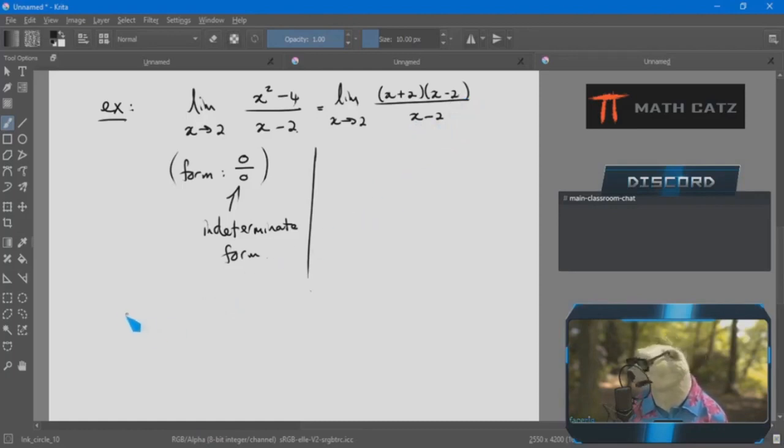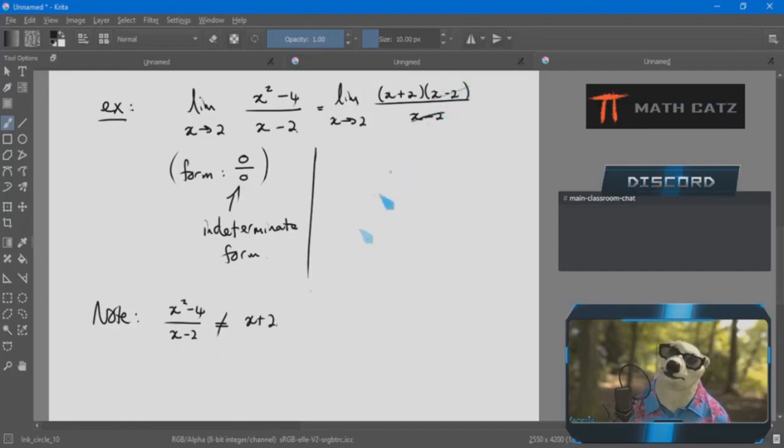Now I cannot say that the function x squared minus 4 over x minus 2, in its original form, is equal to x plus 2 when I cancel these two, which I want to do. That is not true. They're not the same, because the left one is not defined at x equal to 2. The right one is. They're not the same function.